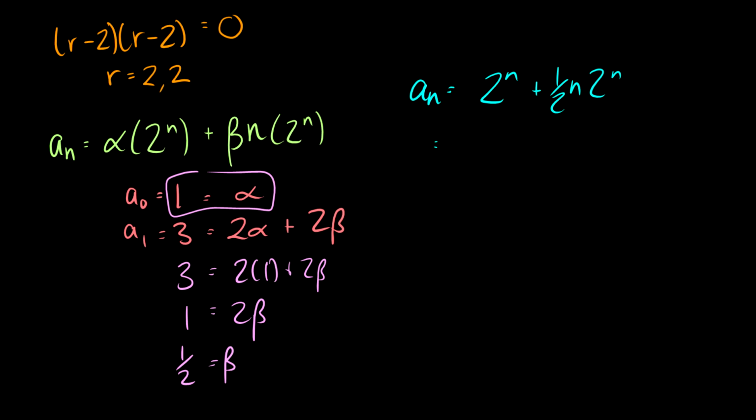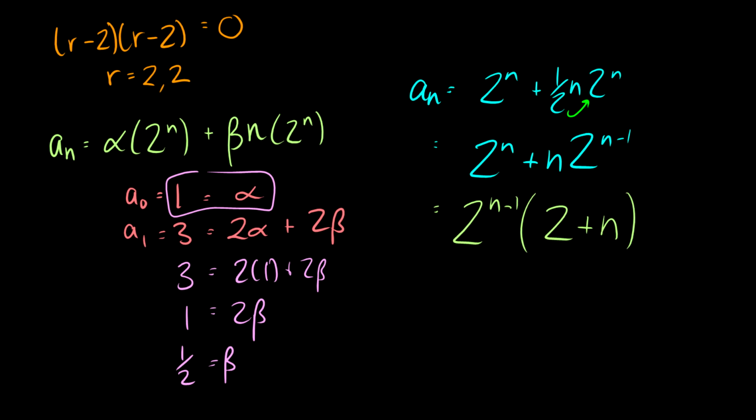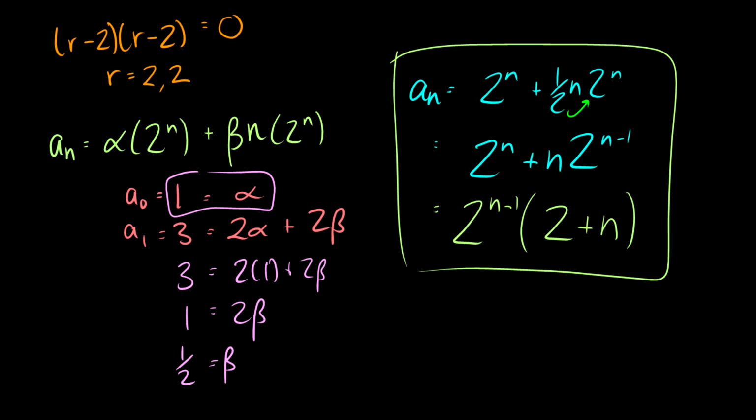Actually, I should do one step first. 2 to the n plus n times 2 to the n minus 1, because we just divide 2 to the n by 2. And then we could pull out a 2 to the n minus 1, and this is just times 2 plus n. So that's another way we could do it. And that is the solution to the recurrence relation. And you can plug in some numbers yourself and see if you can solve them.